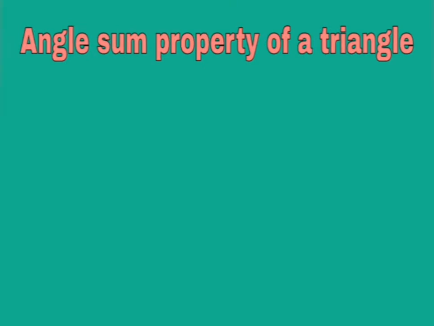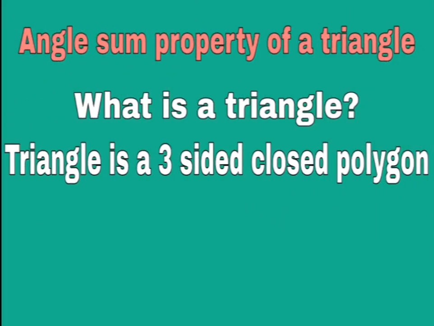Before discussing this angle sum property of a triangle, let us recall what a triangle means, which we have already learned from our primary classes, isn't it? Okay, dear student. So let's know the basic definition of a triangle.